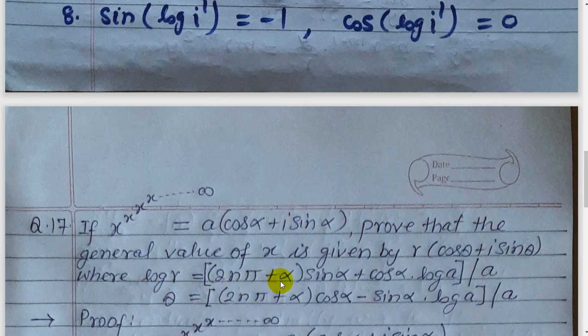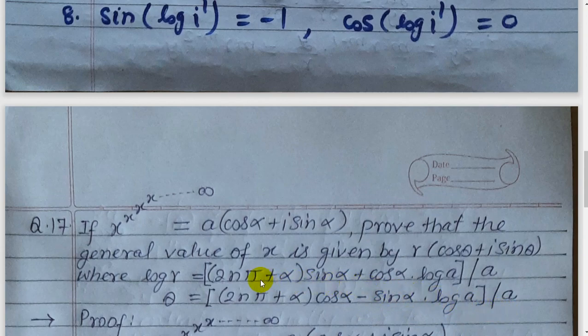2n pi plus alpha into sin alpha plus cos alpha into log of a entire upon a, and theta equals 2n pi plus alpha into cos of alpha minus sin alpha into log a entire upon a.